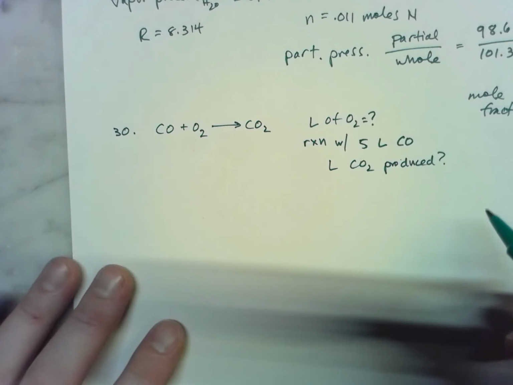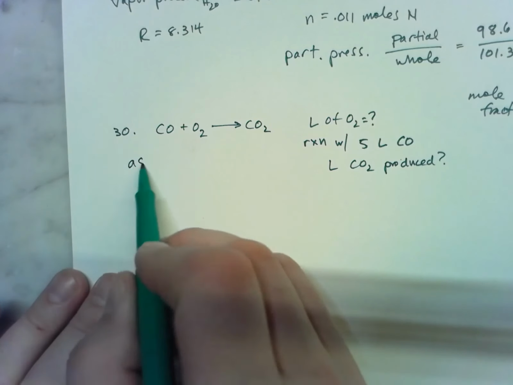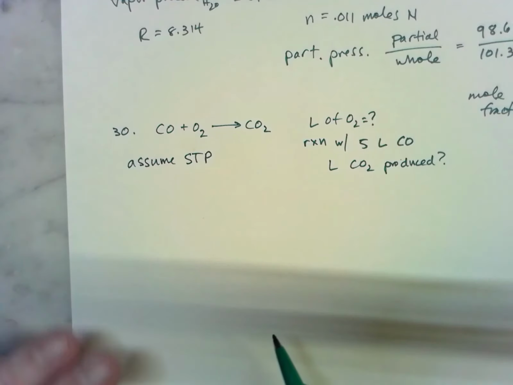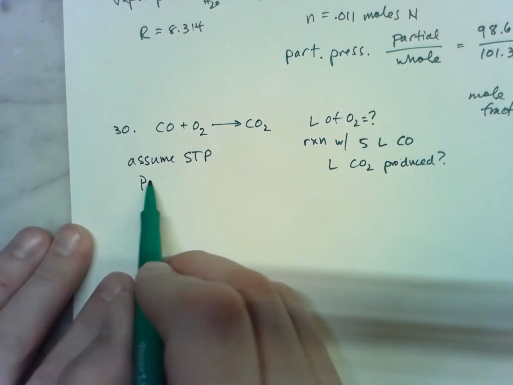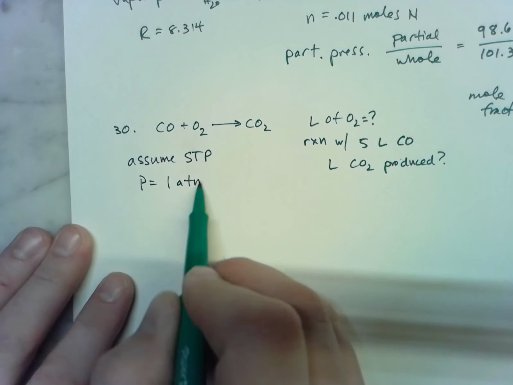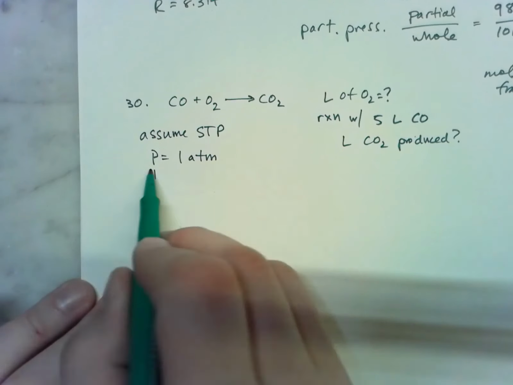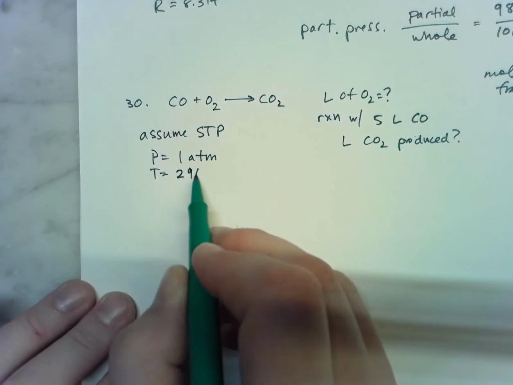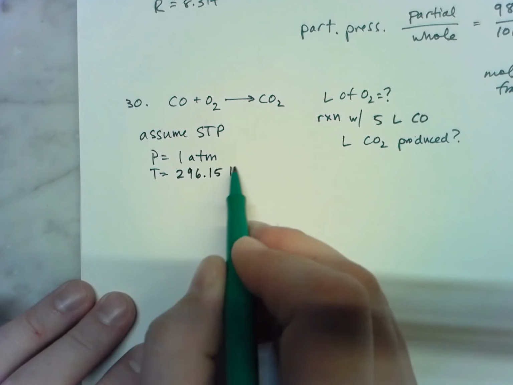All right, so we're going to assume standard temperature and pressure. All right, so what's that? Pressure is equal to 1 atmosphere. Temperature is equal to 21 degrees or 296.15 Kelvin.